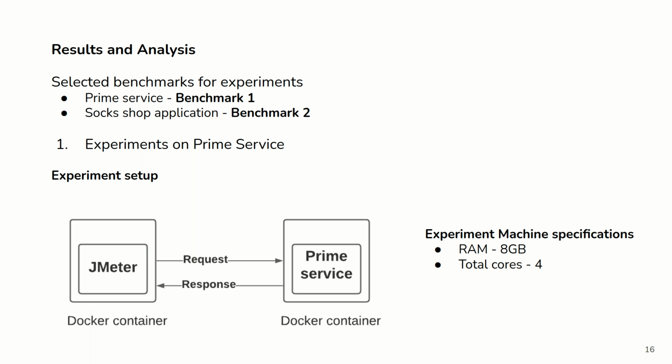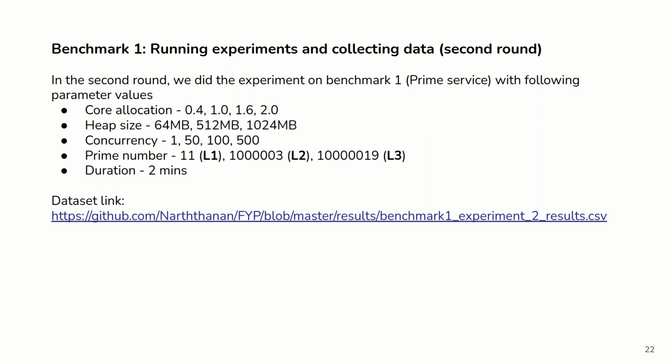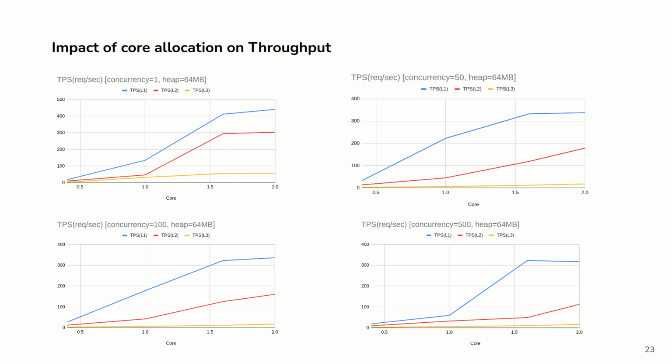First we did the experiment on Prime Service, and these are the parameter values: core allocation, heap allocation, concurrency, prime number, and duration. These are the parameter values, and we have done our experiment. Here we have defined our prime numbers at different levels: level 1, level 2, and level 3, and these plots show the performance behavior.